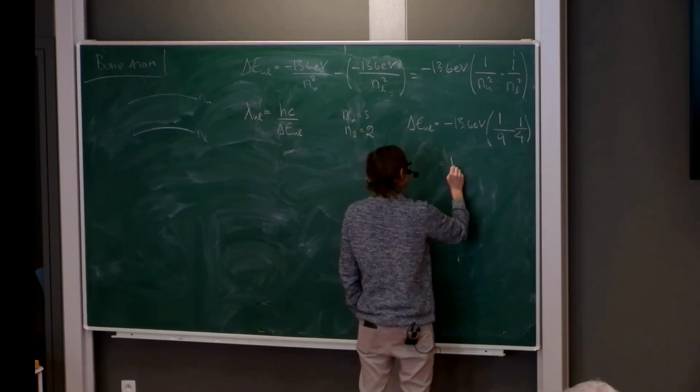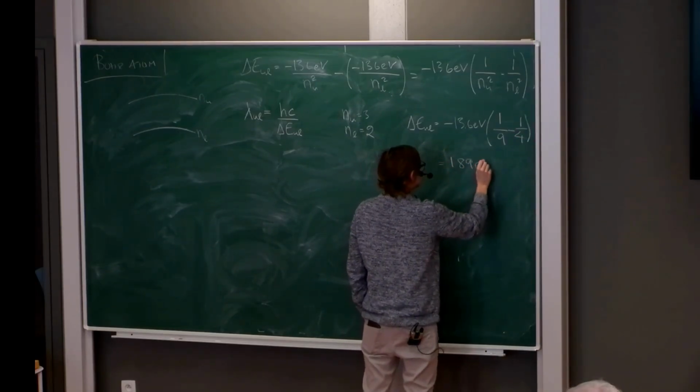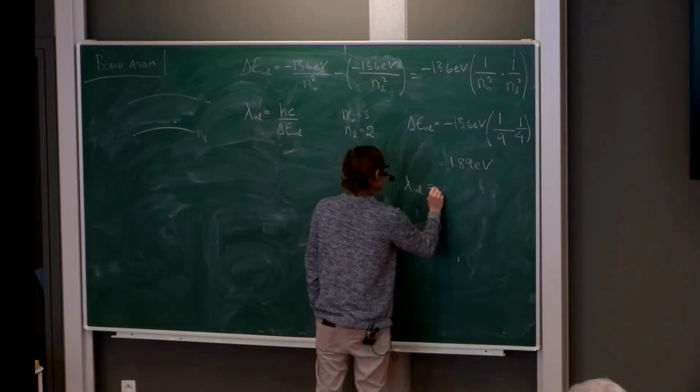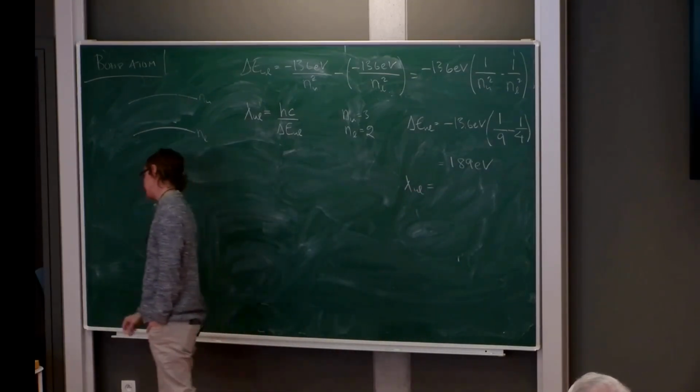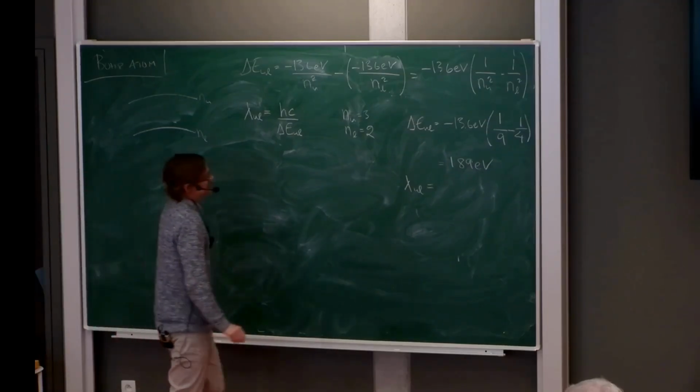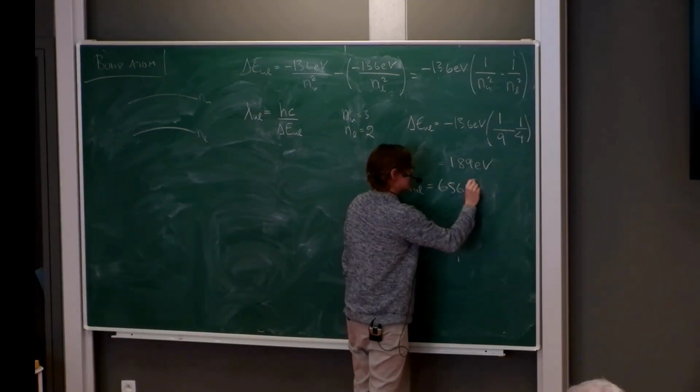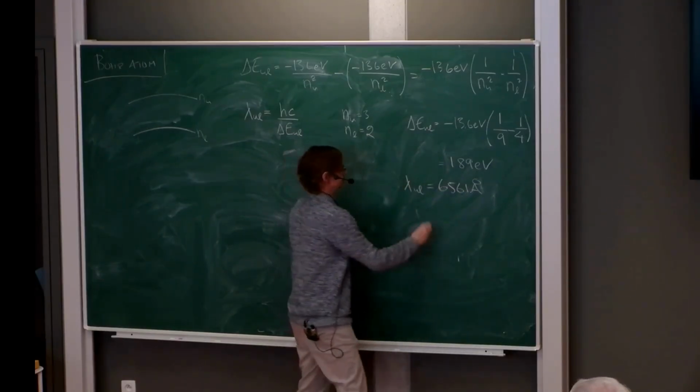This will come out as 1.89 electron volts. We plug that into lambda UL, and this will come out as 6,561 angstrom.